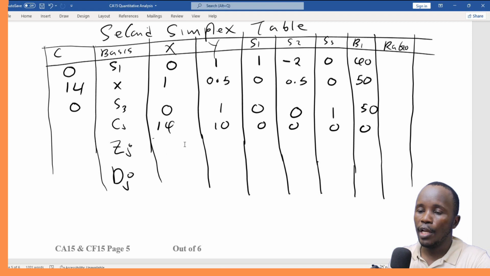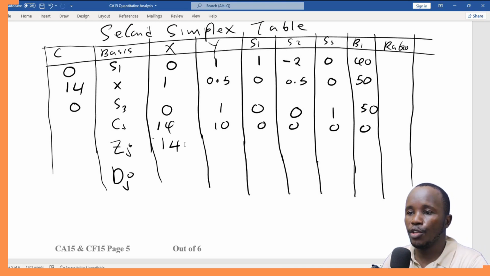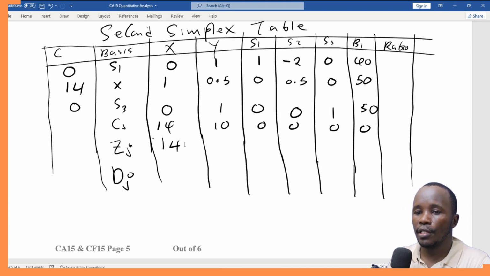Zj requires some maths. We need the contribution multiplied by the values inside here. The first one is 0 times 0, 14 times 1, 0 times 0, this gives me 14. Next one, 0 times 1, 14 times 0.5, this gives me 7.